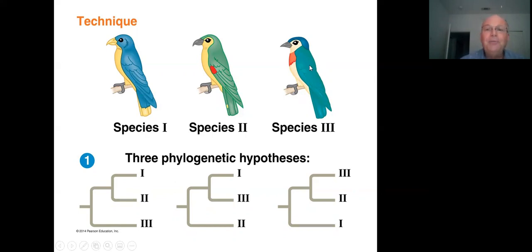So here are our 3 species of birds. We're going to draw 3 phylogenetic trees, but remember these phylogenetic trees are always and should always be considered to be hypotheses, because we don't know for certain which of the phylogenetic trees represents what happened.